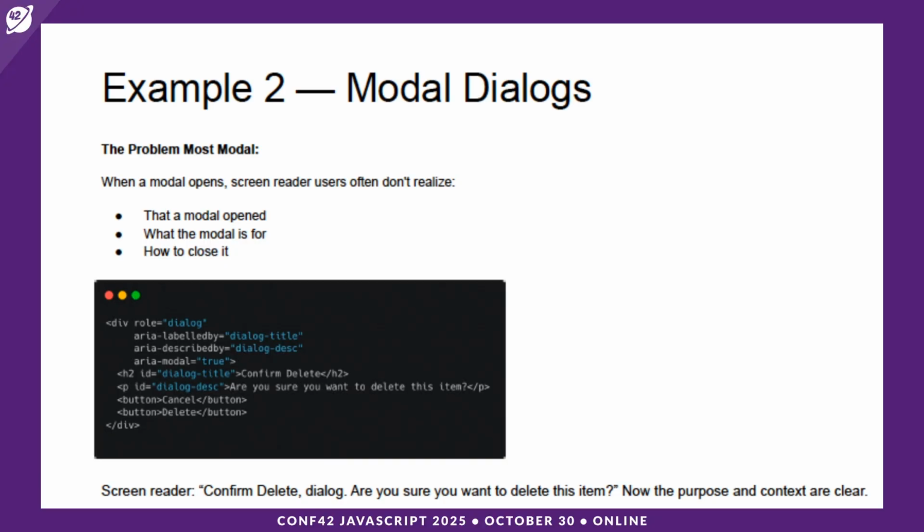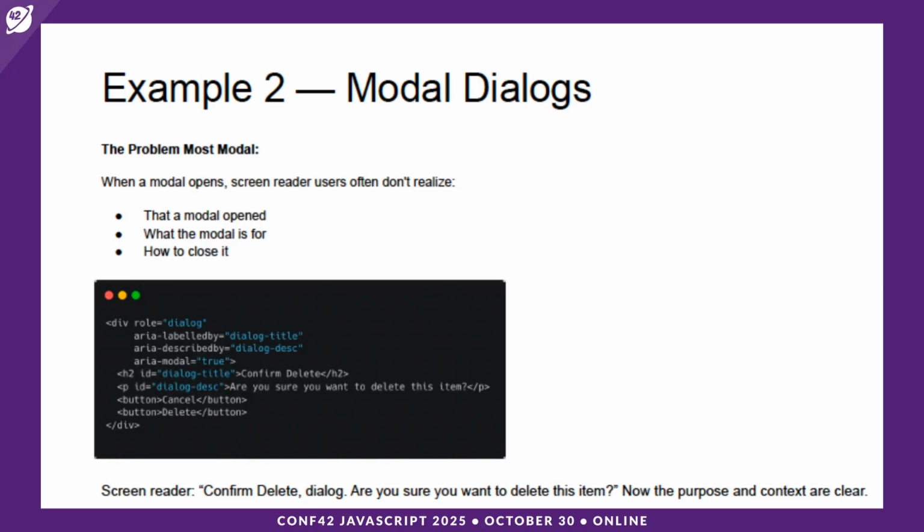The solution here is to add a couple of ARIA attributes. So the first one is here. We're giving the modal a role of a dialogue. That's the role we're defining, so that whenever a screen reader encounters that element, it understands that this is a modal dialogue.